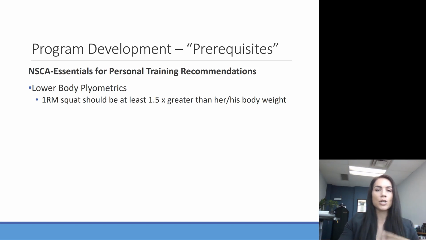This is a 1RM. So right now I want you to think about what your body weight is and whether or not you can squat 1.5 times that weight. And if you can, technically NSCA says that you should be able to move forward with lower body plyometrics. And if you can't, then you're thinking, but I probably already do plyometrics, right? But I'm not meeting this prerequisite.